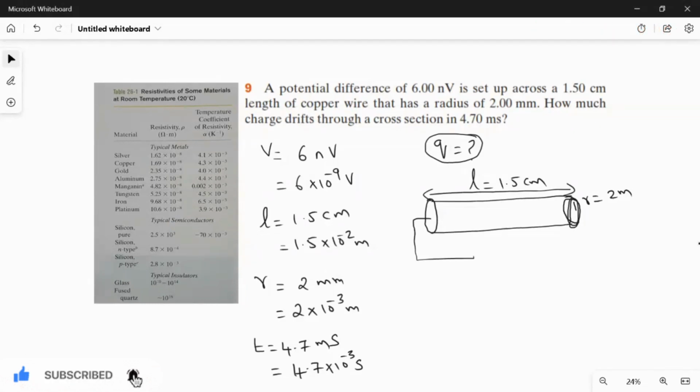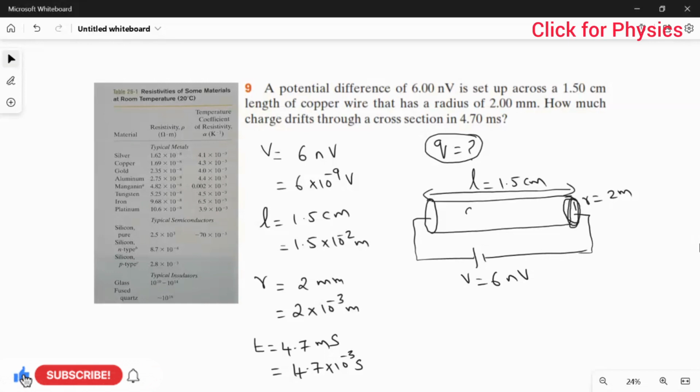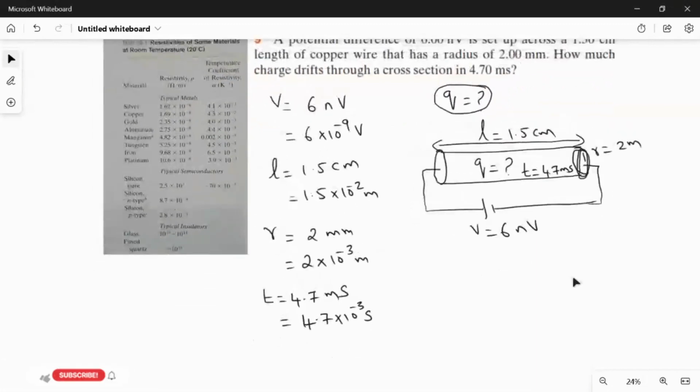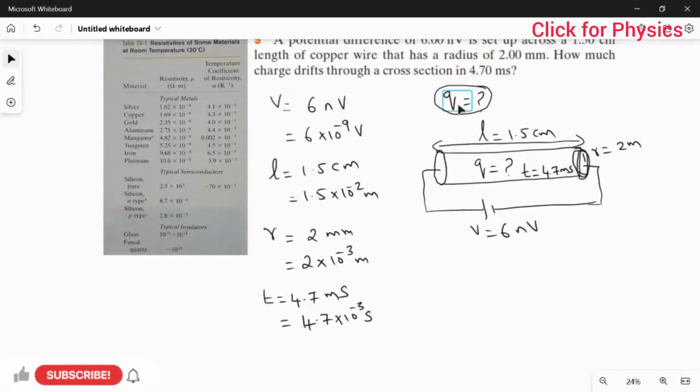And you set a potential across this copper wire. The value of the potential you set is 6 nanovolt. And now we are going to find how much charge will drift at time t equal to 4.7 millisecond. Clear? Okay.